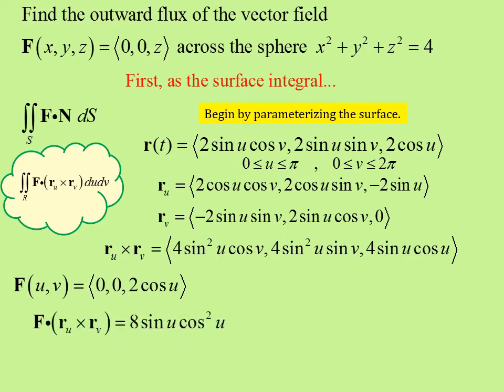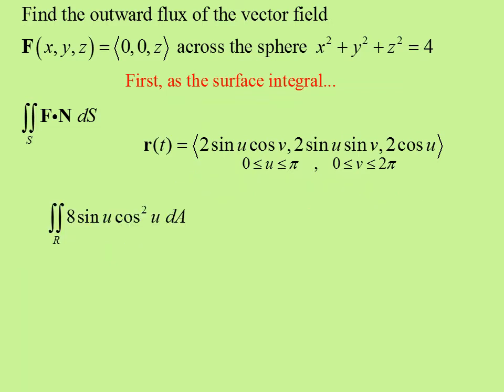That just comes out to be this. Now we want to integrate that over the surface, so we need to describe that now. Since we already have the parameterization of this, we can do the integral using our parameterization.